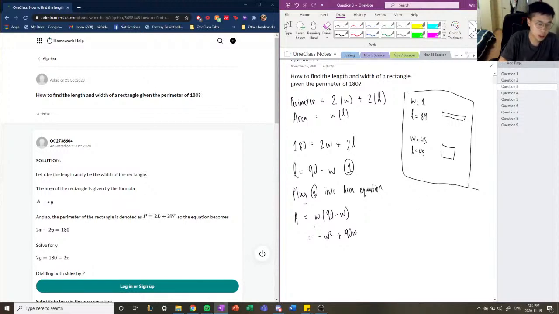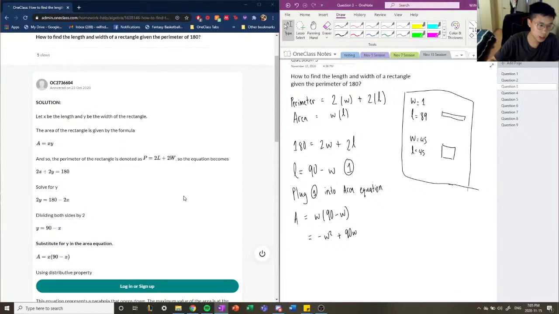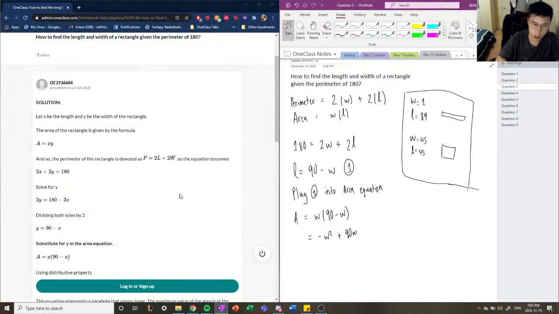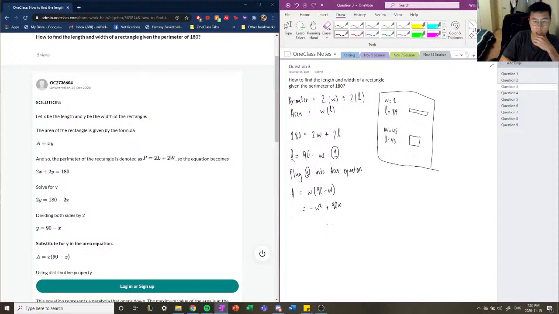So the junior tutor in this solution, they assume that the area is the maximal area, okay? And we can see here that the area of the rectangle is actually related quadratically to the width of the rectangle. And so to maximize our area, we have to find the vertex. If you guys can't see that, area equals negative w squared plus 90w.